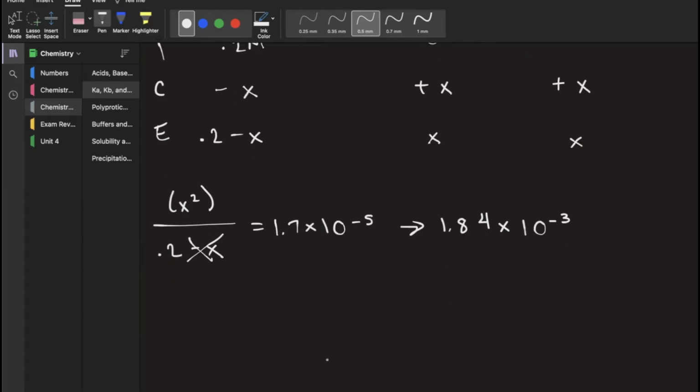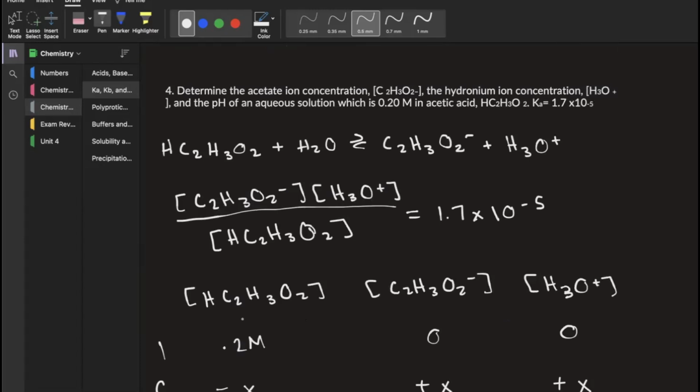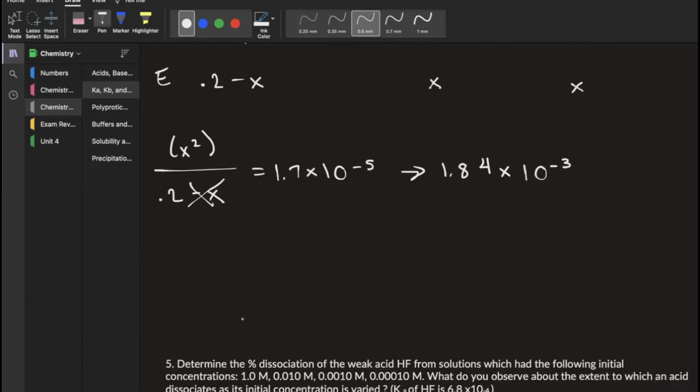Since it's 1 to 1, that means our acetate ion concentration is also going to be 1.84 times 10 to the negative 3. So let's go ahead and write those down.